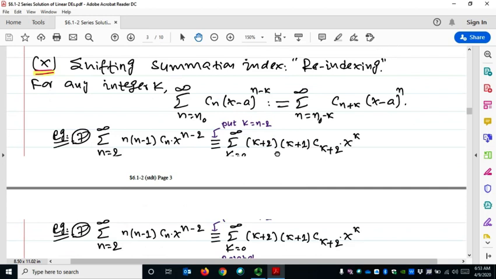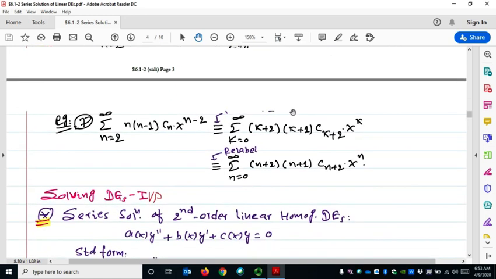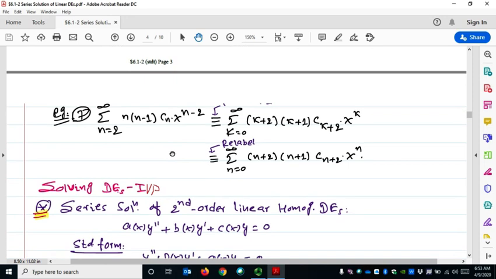For example, let's say example 7. Let's reindex this given power series: the sum from n equals 2 to infinity of n times (n minus 1) cn x to the power n minus 2. In this one, let's replace n equals k plus 2, or k equals n minus 2.